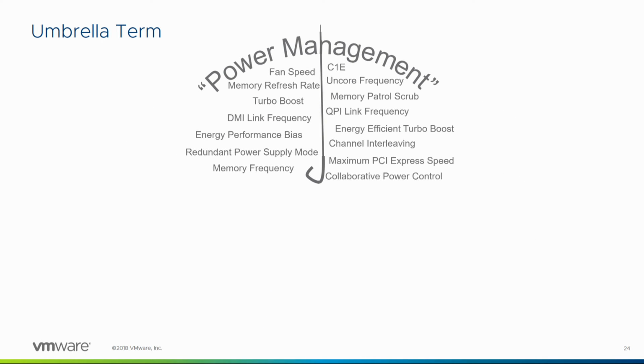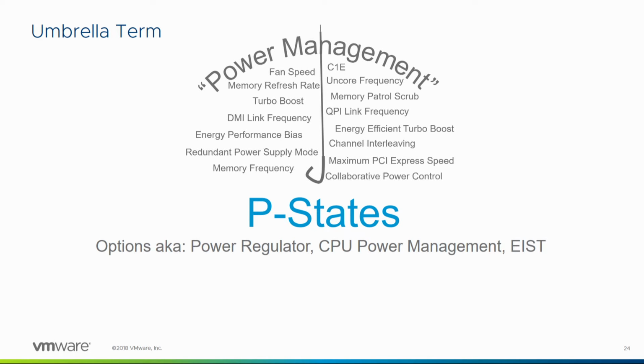What I want to talk about is the two things that are actually relevant for ESXi, or for something that ESXi can control, and for most of you, and that is P states, also known as power regulator, CPU power management, and deep C states. P states is a voltage frequency state. So basically the frequency of a CPU, and it's predefined in certain steps depending on the CPU. And this only applies when something is running.